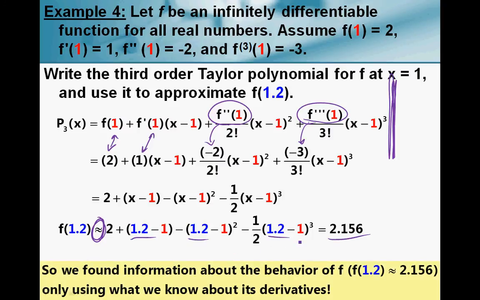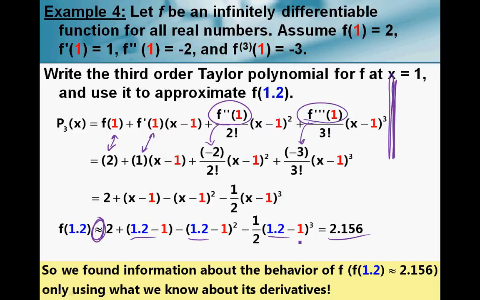Now here's the amazing thing about this example. Here's what makes this cool. We were able to figure out information about the behavior of a function f only by knowing what its derivatives were doing. I don't have an equation for f. I don't know that f is the sine of x, or f of x is the cosine of x, or f of x is 1 plus x cubed all over x squared. I have no information of that kind.